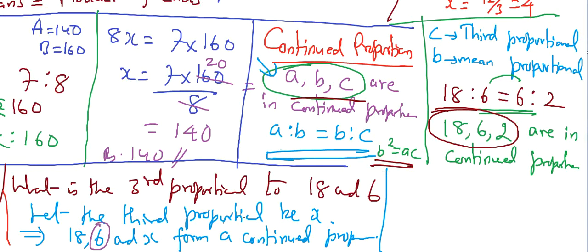So 6 square is equal to 18 into x, or 18x equals 6 square, which is 36. So x is equal to 36 by 18, which is equal to 2. So we got this value.